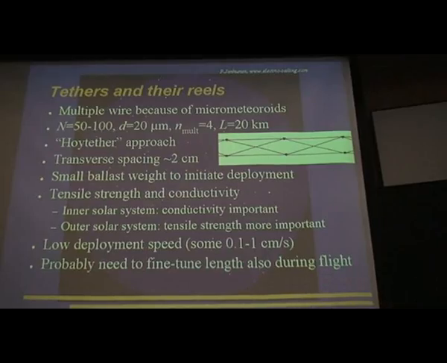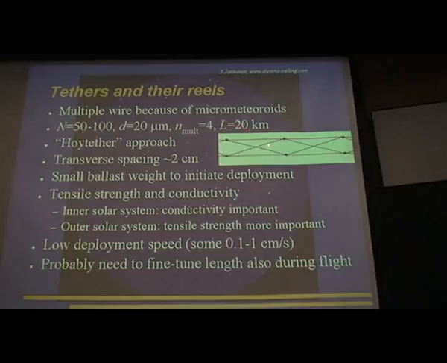for micrometeoroid tolerance, these tethers cannot be a single monofilament wire, but they have to be made in a multi-line way like this. This is called the Hoyt-tether approach.